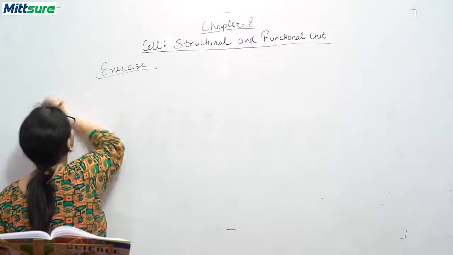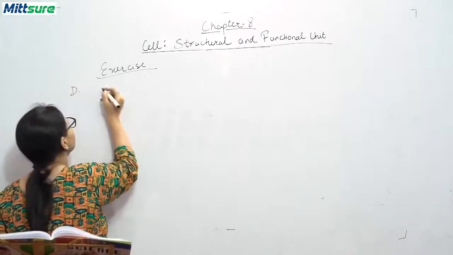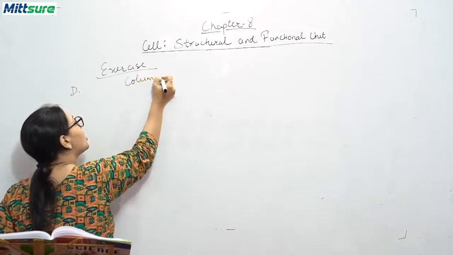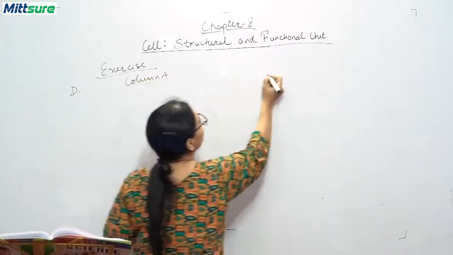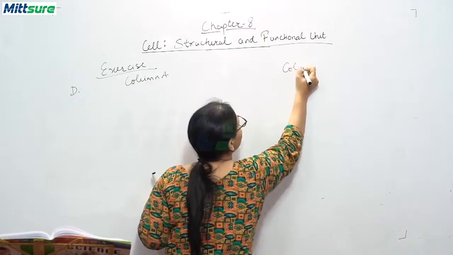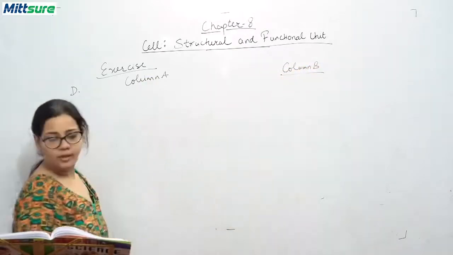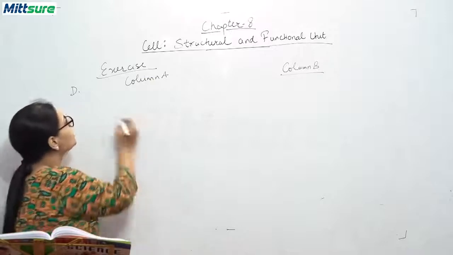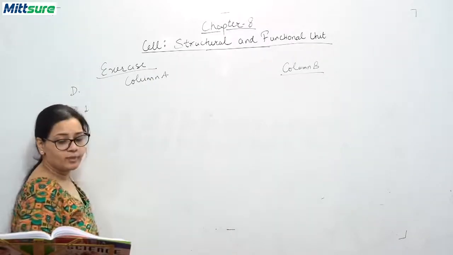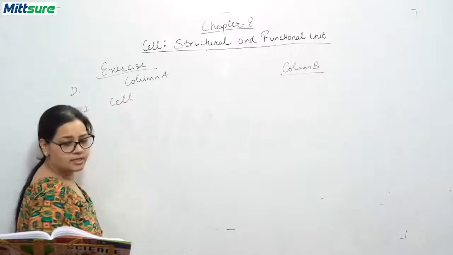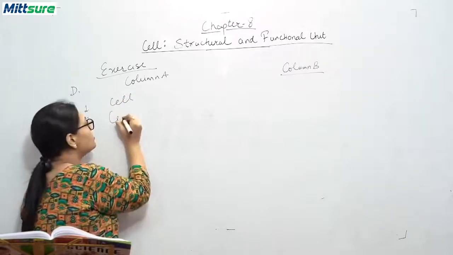This D. Column A with column B. Okay, so let's start with the first option for the match the column, cell. Second is centrosomes.